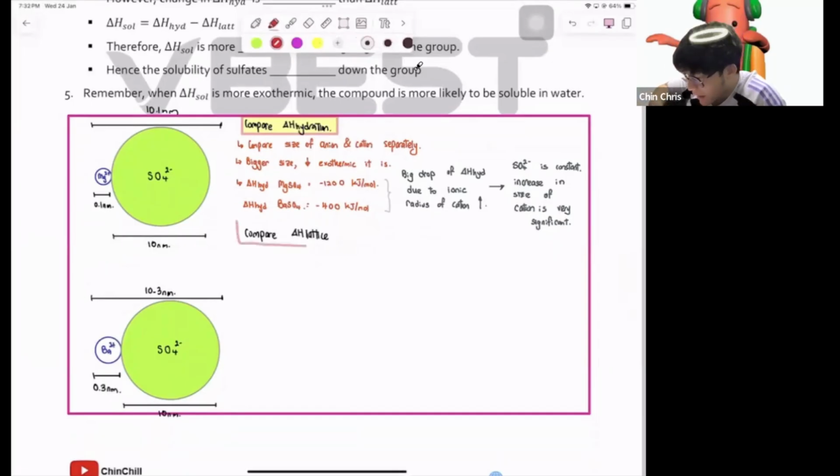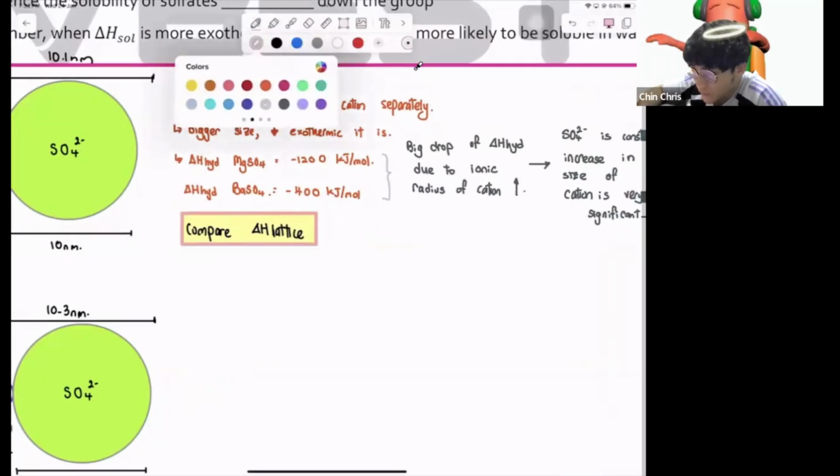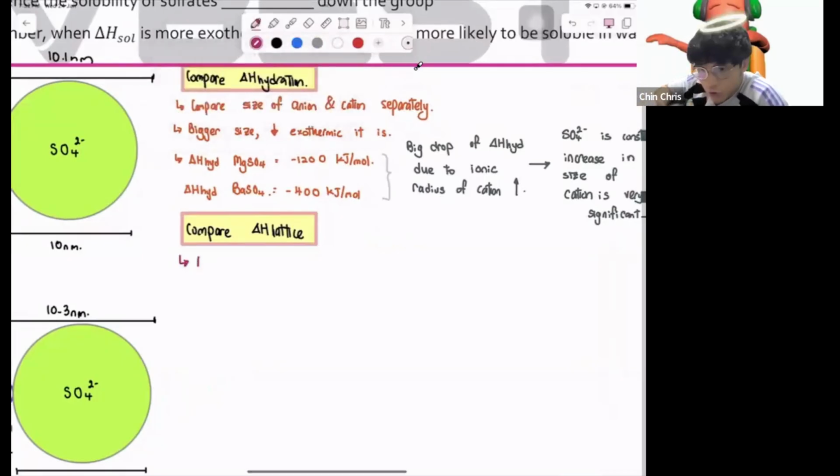So guys, remember whenever you are comparing your delta H lattice, we are looking at the overall. Remember, lattice, how we compare? We always look at its overall. Understand? So we compare the overall size of your combined cation and anion.